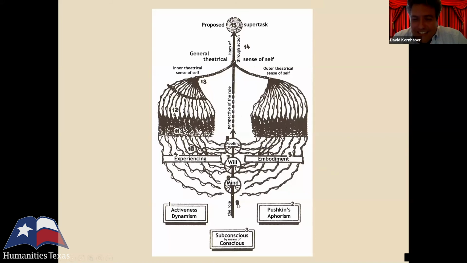What matters here is that there's two sides to an actor's performance. On the one hand, on the right-hand side, we have the outer performance, the outer theatrical sense of self, as Stanislavski calls it. And on the other side, you have the inner side. Now, a lot of this is actually happening before modern psychology really takes hold. So Stanislavski is sort of inventing a lot of modern psychology through the process of actor training.